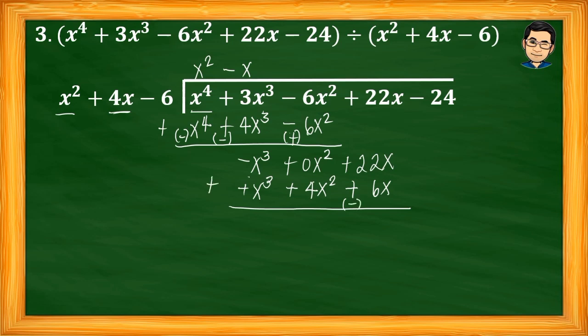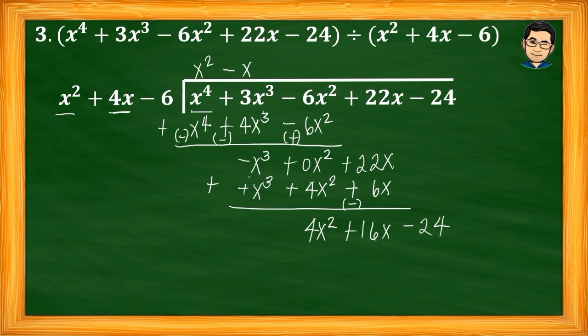Negative x cubed plus x cubed, that is 0. And then, basically, yung pangalawa, 0 plus 4, 4x squared. And then, yung 22x plus negative 6x, that is 16x. And then, bring down negative 24.